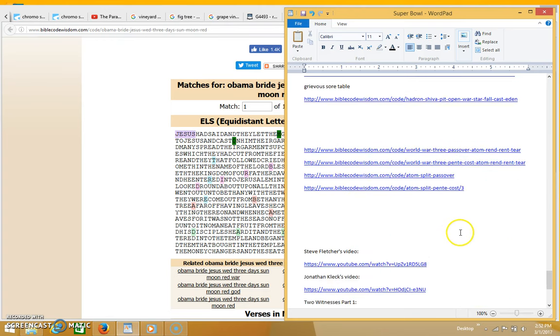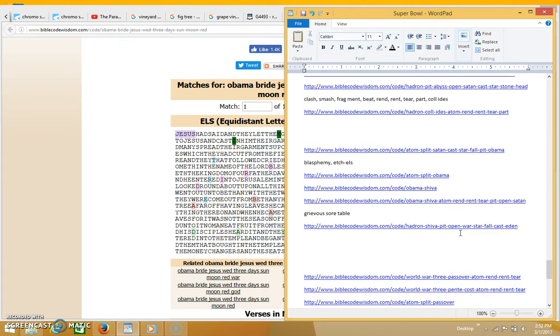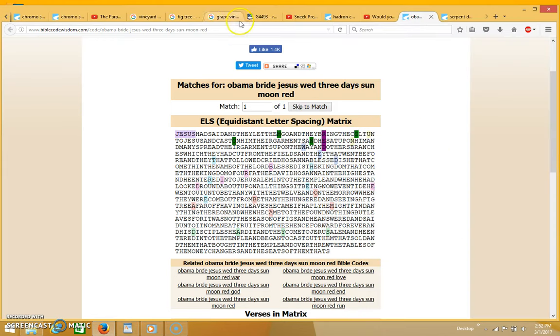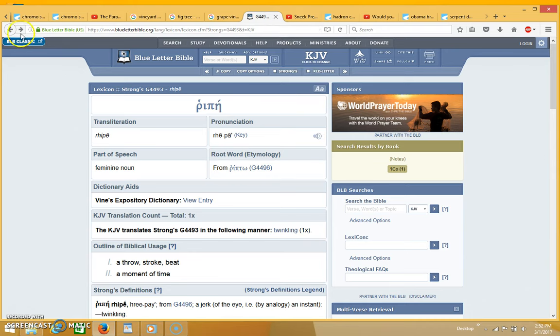But as you can see, I've done quite a few tables here, and I did these tables on, well, the word CERN does not come up, but these come up on the word Hadron, on the Hadron Collider, because I believe this is ultimately about the splitting of the atom.